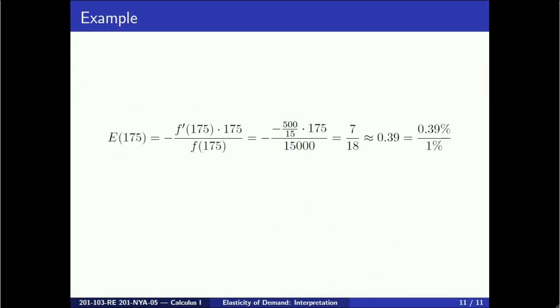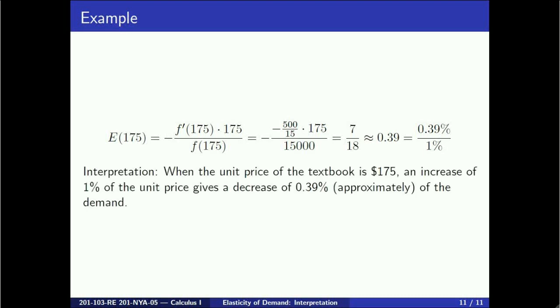We plug and chug these values into the expression for the elasticity of demand at P equals 175, and we get 7 over 18, or approximately 0.39. Thinking about this number as a ratio of 0.39% over 1%, and remembering that the elasticity of demand computes a ratio of percentage changes of demand over unit price, we get the following interpretation.